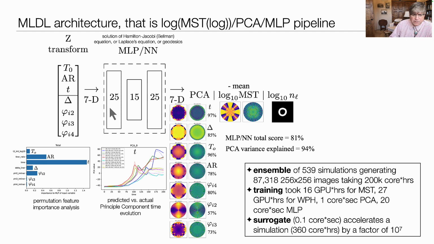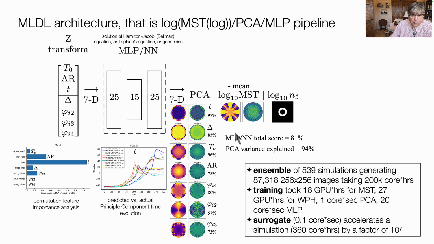This is trained on an ensemble of 539 simulations, which generated approximately 100,000 images that took 200,000 core hours to generate. These images were then pre-processed to take the MST for about a day on my Alienware workstation that has 24 processors, and what's more important, an NVIDIA 3090 GPU.